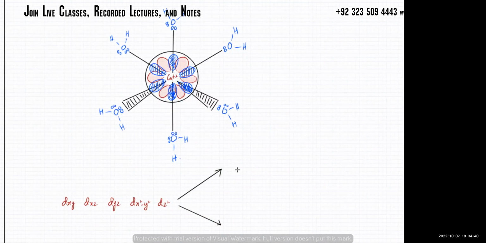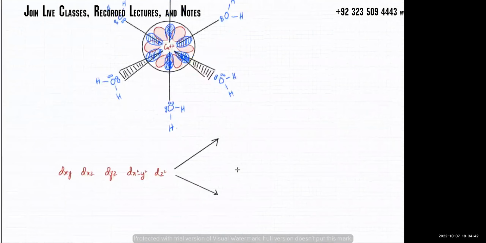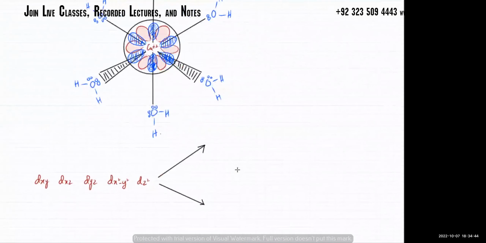So in the middle areas, it's easier to keep electrons, in the pink ones over there. So it's easier to keep electrons over there. Which ones were those? Your dxy, your dxz, and your dyz. And it's going to become a lot harder to keep electrons on the axis.